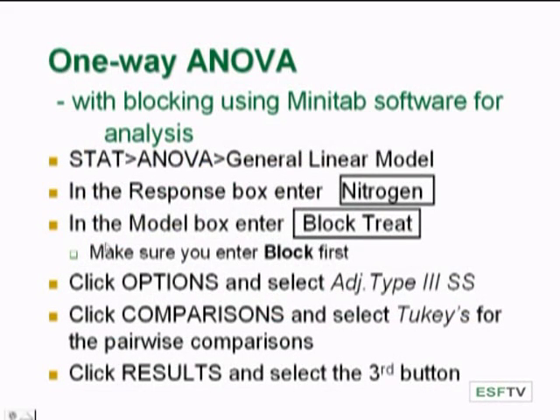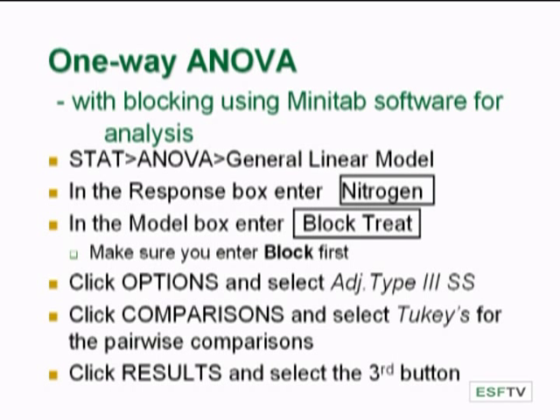As you see this, it's exactly the same way, except right here in the model box, we are going to include block. And it's always good to include a blocking variable first in your model statement.